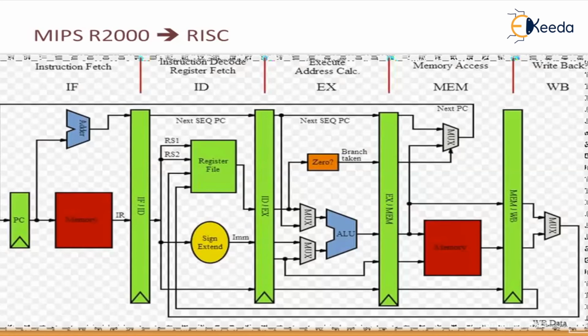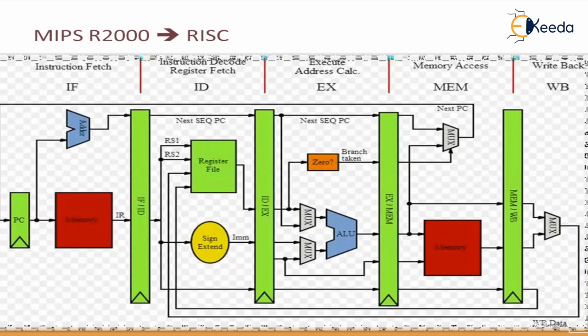For example, when the instruction is given to a PC, it will directly go to the memory. From memory, it passes to the instruction register, and simultaneously the instruction goes to the adder. The adder and memory are linked with the instruction decode, that is called your ID.